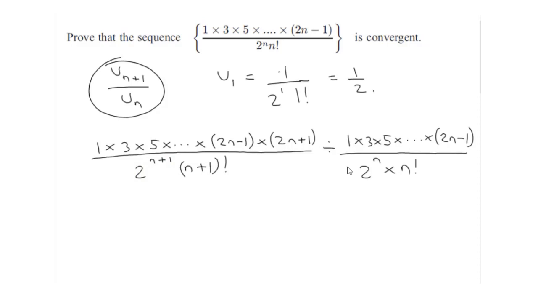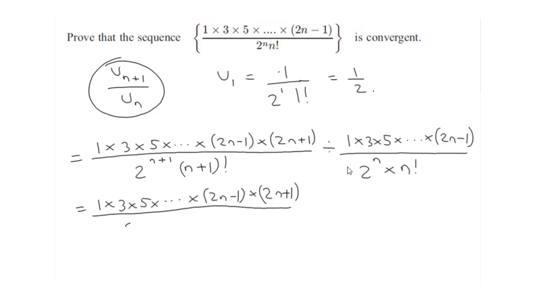So now we have 1 times 3 times 5 times ... all the way up to times (2n minus 1) times (2n plus 1) over, remember 2 to the n plus 1 is 2 times 2 to the n, and then we have (n plus 1) factorial, which is the same as (n plus 1) times n factorial.